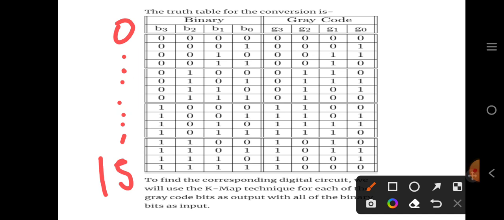So these are the 4 bits of binary number. If the 0 is represented by 0000, this table gives the gray conversion of the same number. So these two are having binary as well as the gray numbers from 0 to 15.